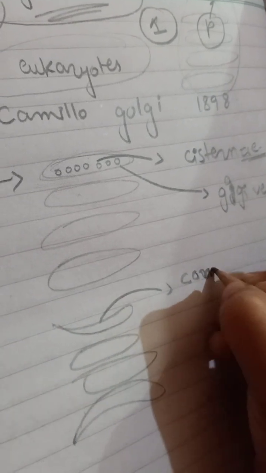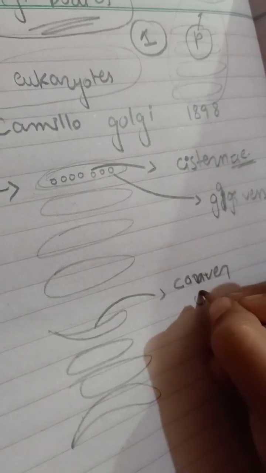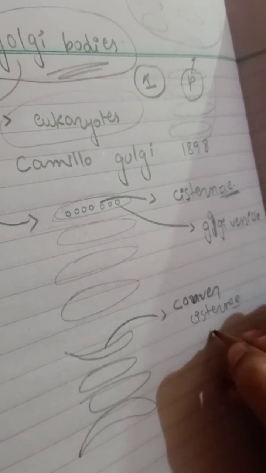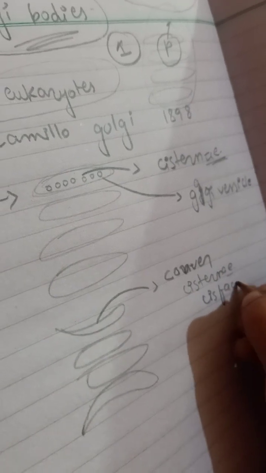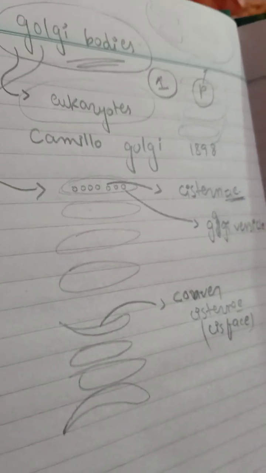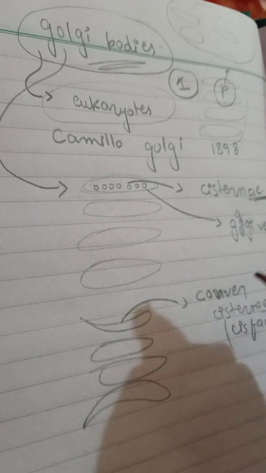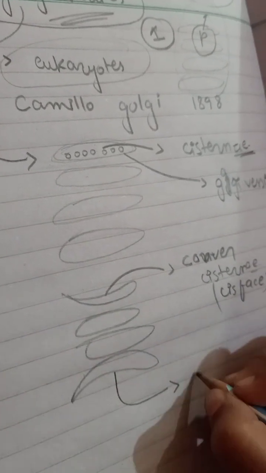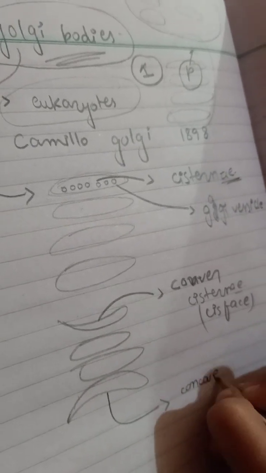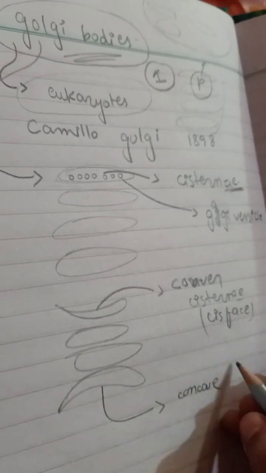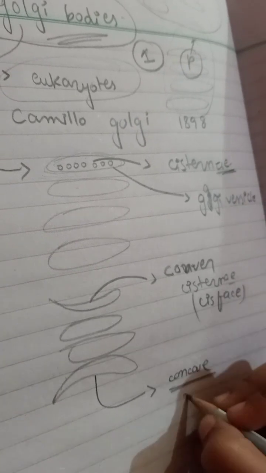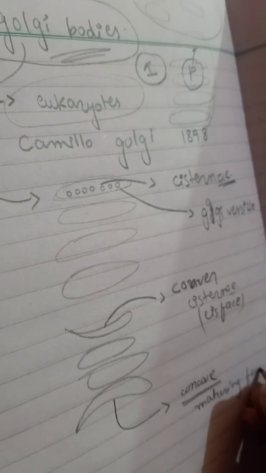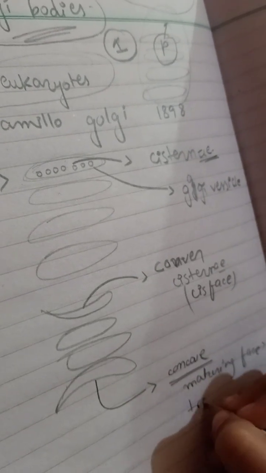So the upward convex cisternae is called the cis face, or the forming face. The end of this one, the inner one, is the concave one. We call that the concave cisternae, the maturing face, as well as the trans face.